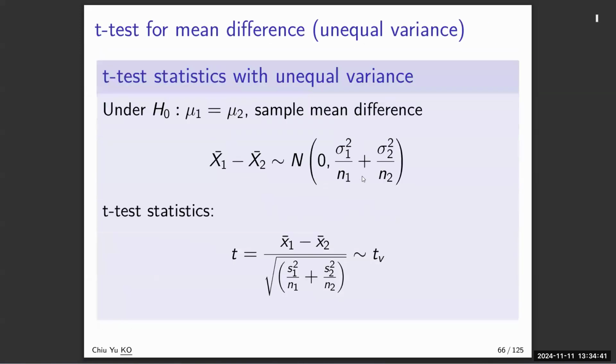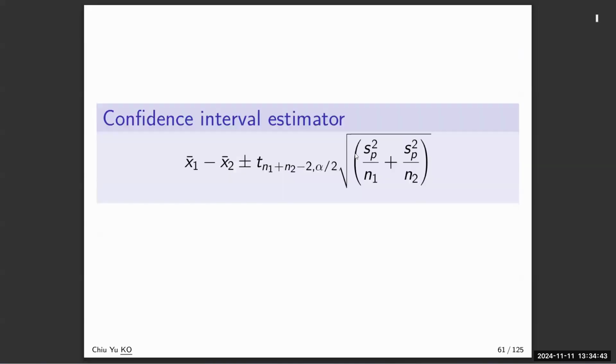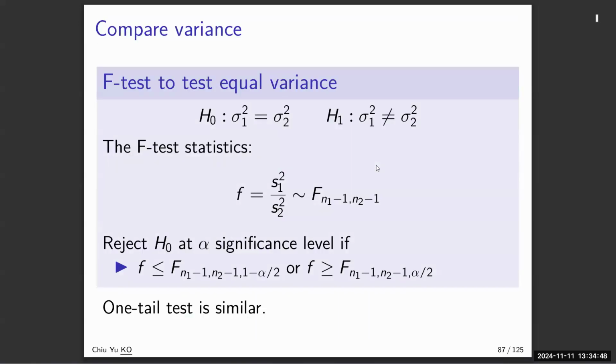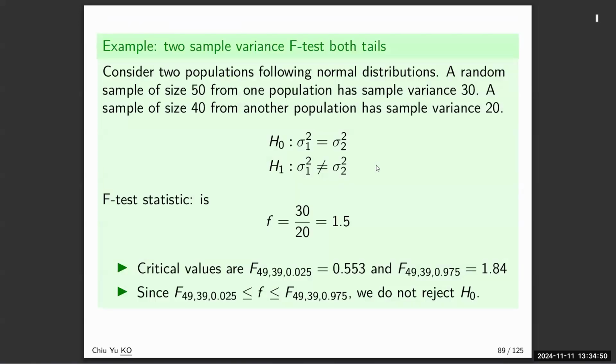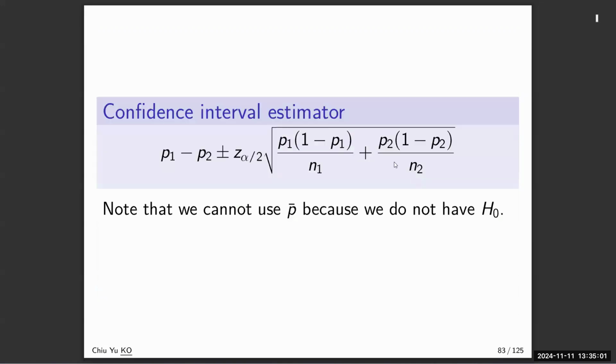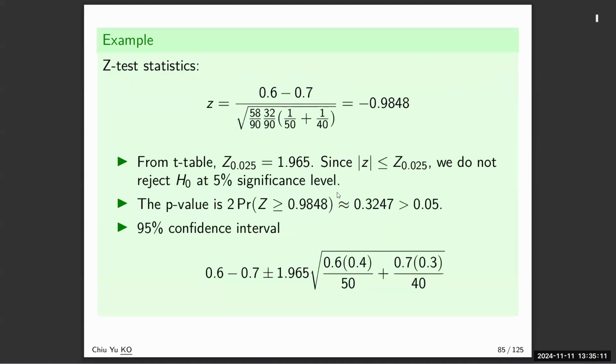All right. But if you're able to assume the same, then you can use this one. That is the very simple assumption, because when you have the same variance, you estimate more efficiently. So that's why the standard error is smaller. So use the better one. I mean, okay, you can always use the bigger one, right? You can always use this formula, but this is bigger. You can show that this is always bigger than the case where you replace by p bar. Okay, so that's the main reason.